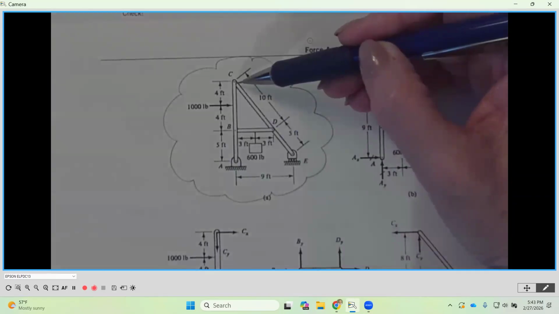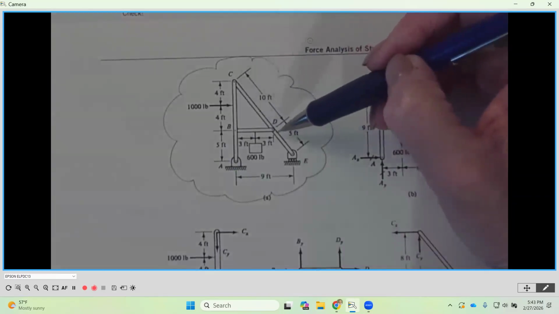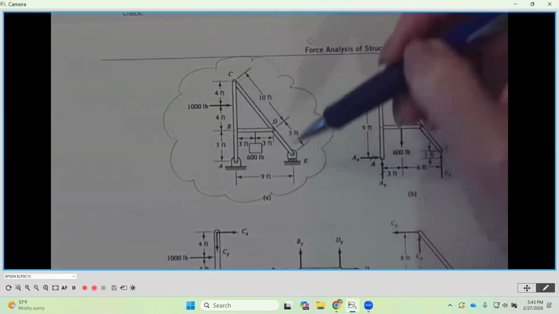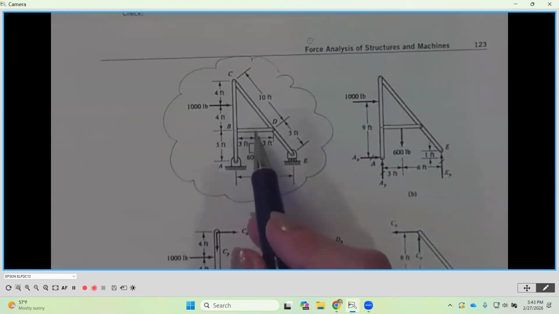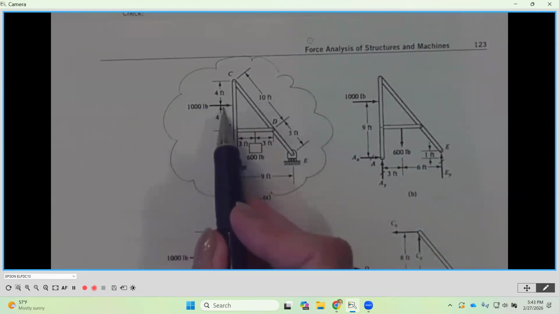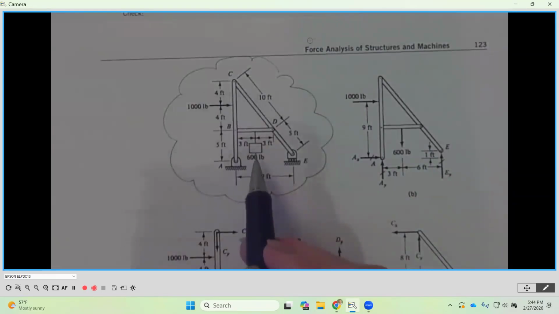Another continuous frame member goes from C to D to E. And then we have one cross member here, B to D. You'll notice that we have a weight of 600 pounds mid-span on this particular member. And then we have another one, 1,000 pounds. These two loads are not at the joints. That's the difference between a truss and a frame member, okay?